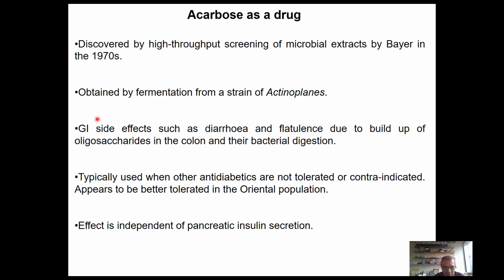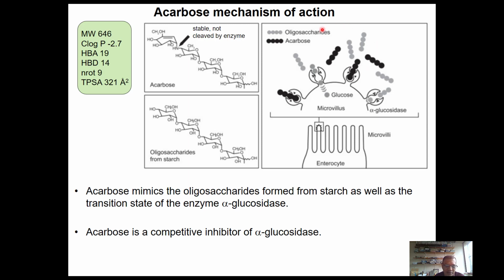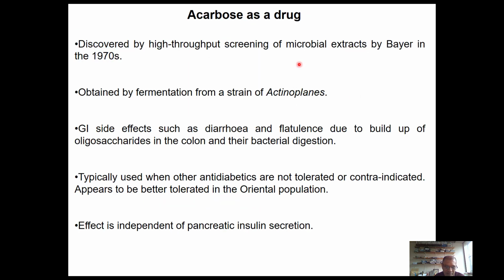And these are due to the fact that when the drug is taken, the starch is not being digested fully and taken up as glucose. And the starch that remains and the saccharides that remain can then be used as food by the organisms that live within the gut, and this then leads to side effects like diarrhea and flatulence.